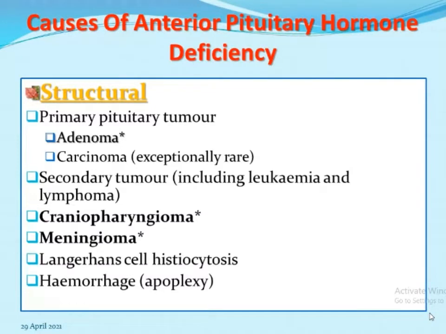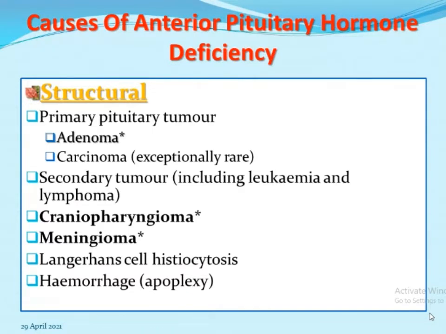It is either a primary pituitary tumor, which is adenoma. It is rarely carcinoma. So the statement that pituitary carcinoma is common is false. Usually it is rare. Or sometimes, rarely, it may be a secondary tumor, which means that there may be involvement of the pituitary by other tumors. As I said, this is rare.